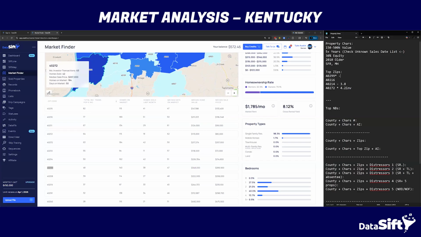And the reason I would do that is because, again, 3 or 4 leads in 40216 are only as valuable as, say, 1 lead in 40299 because of the $100,000 difference in value.